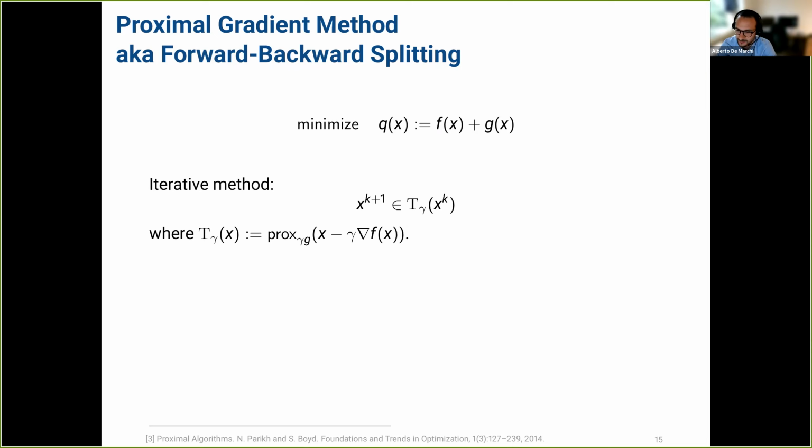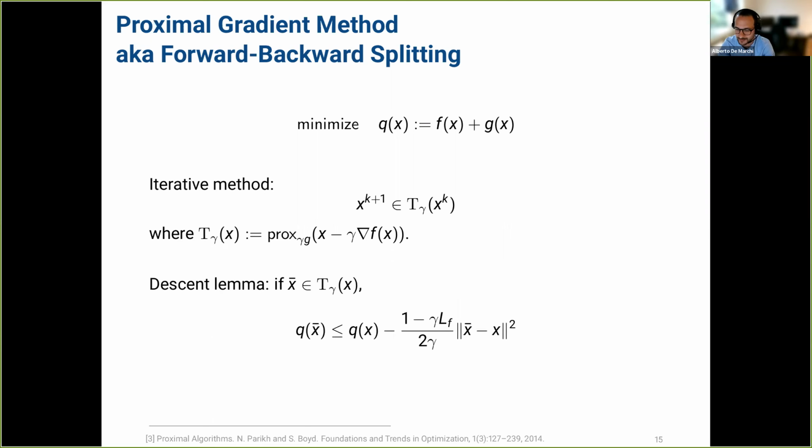The next iterate x_{k+1} is just an element of this proximal gradient step, that is set valued in general because our g can be non-convex. We iterate this, and we should move toward the minimizer of this Q objective.